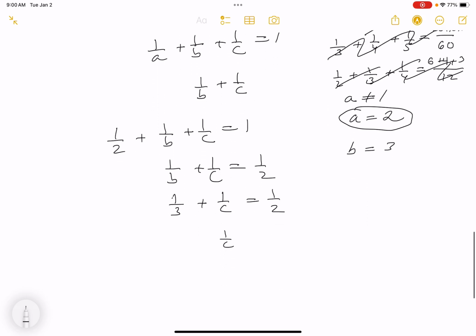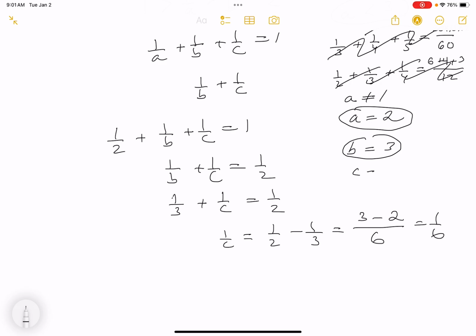So 1 over C is 1/2 minus 1/3, which is 3 minus 2 over 6, which is 1/6. There, I got my possibility. So B is 3, and C is going to be 6.